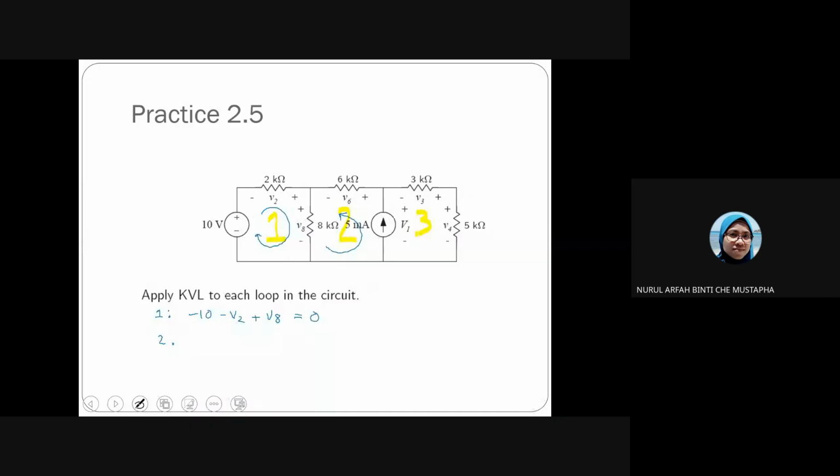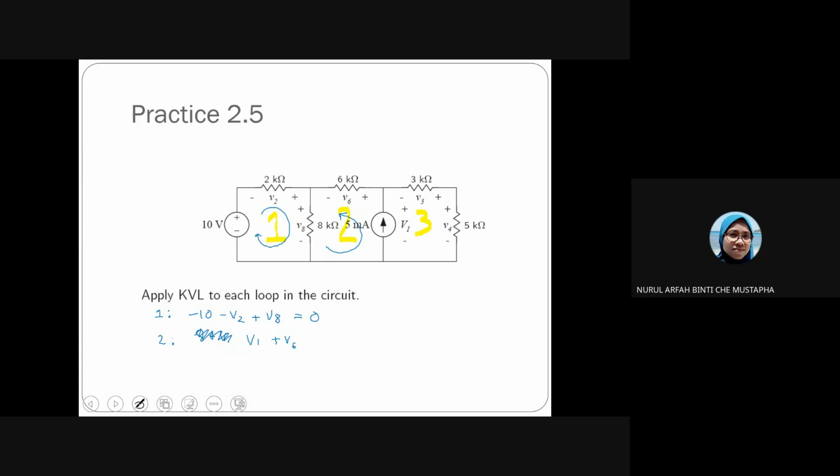The voltage law is the summation of all voltages around the loop. Can you draw for entering? Okay, for VR.